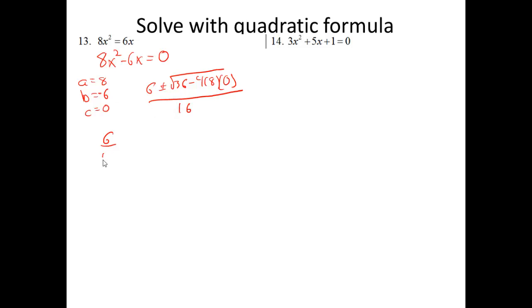So we have 6 over 16 plus, again, we have 4 times 8 times 0, so that's going to be 0. Square root of 36 is 6, so 6 over 16. And we have 6 over 16 minus 6 over 16. This is going to be 0, and this is going to be 0.75.